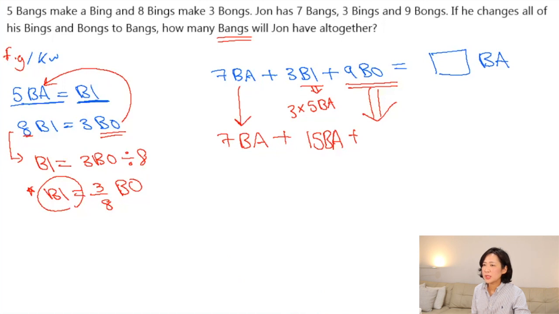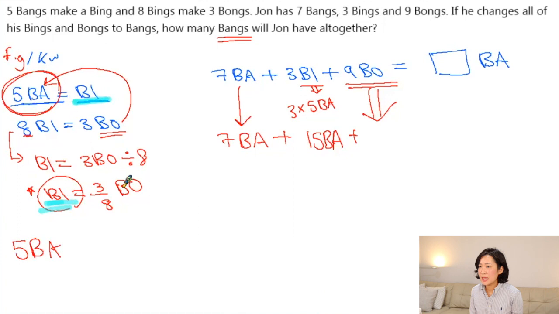Let's try to use this. Now let's have a look at the top equation. A bin is 3/8 of a bong, and at the same time, 5 banks. So therefore we can say 5 banks is the same as 3/8 of a bong, because these are all one bin.